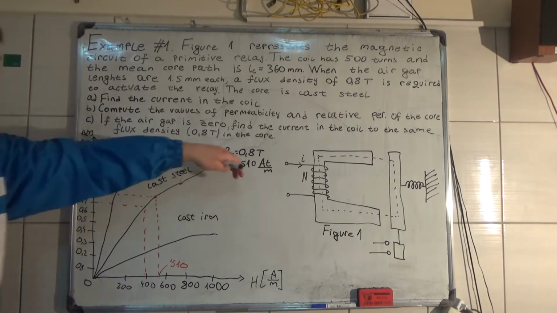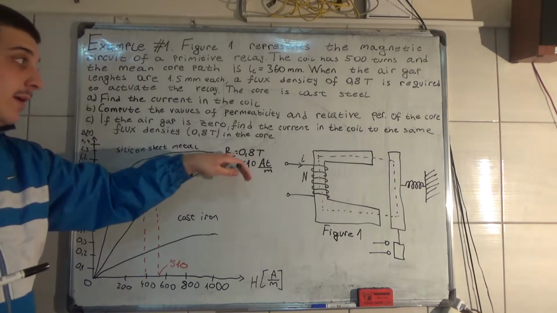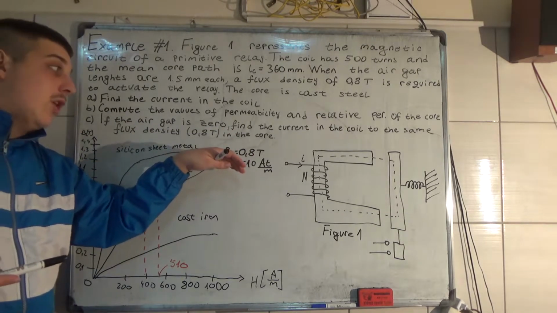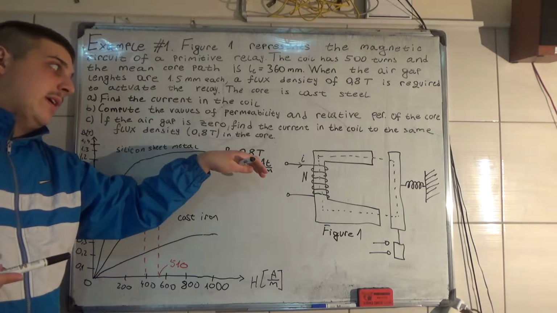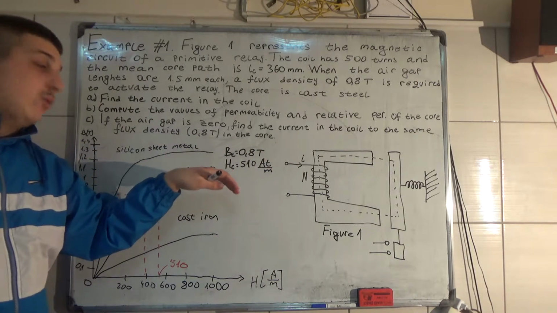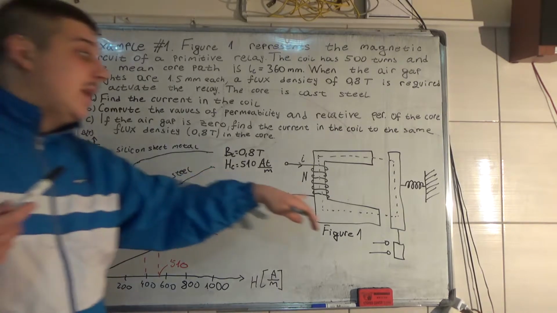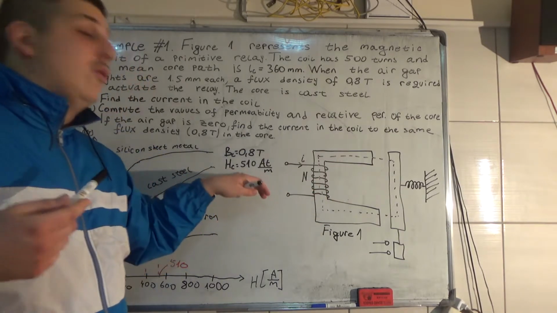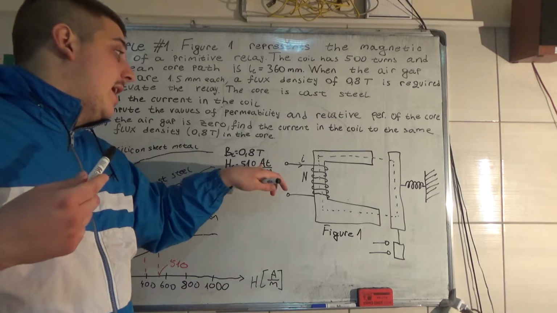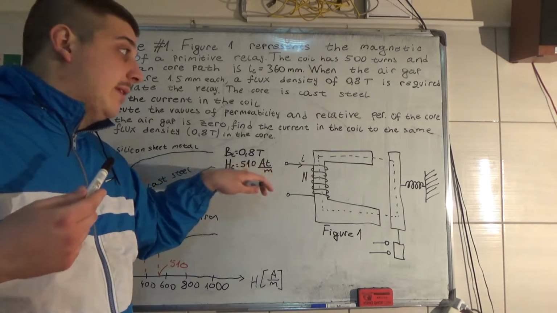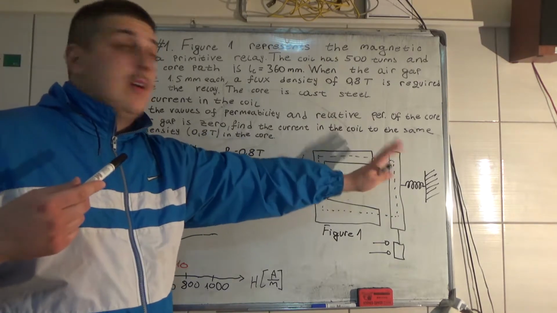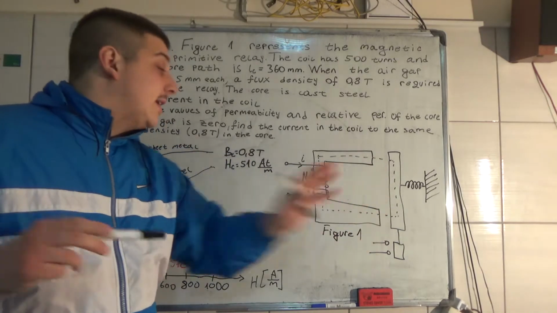So the flux density of the core is 0.8 Teslas, so we have to have a magnetic field intensity in the core that is equal to 510 ampere turns per meter. So in the core, not in the air gap, you have to realize that.